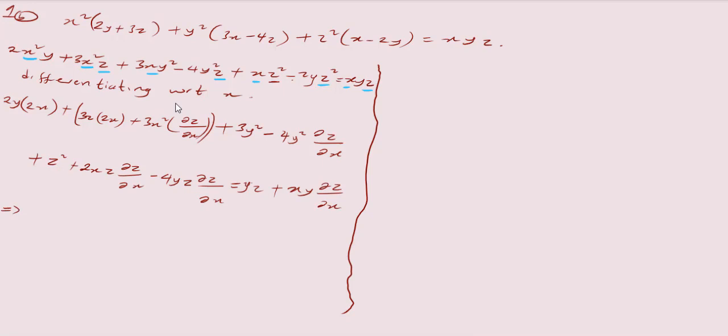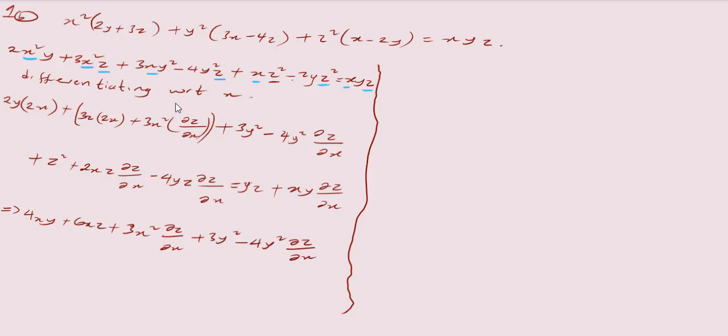So I have 4xy, then this one, 3 times 2, 6sz, then this one plus 3s square dz dx, plus 3y square minus 4y square dz dx.